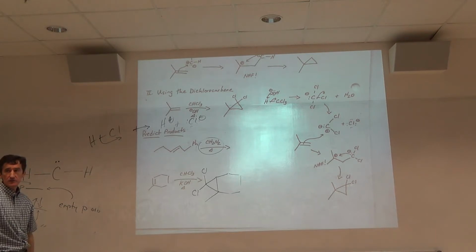Potassium hydroxide is not going to dissolve in chloroform. Probably going to have some water to get it dissolved. But then it's probably going to be two phases, so you might include a phase transfer catalyst.